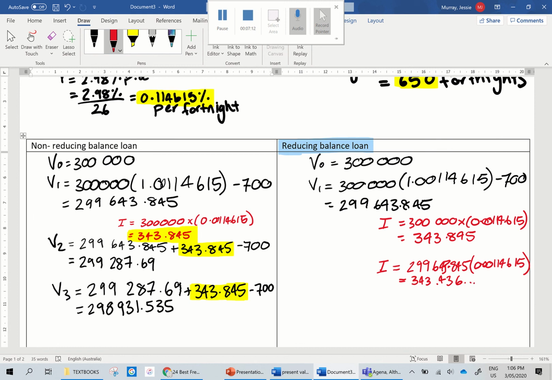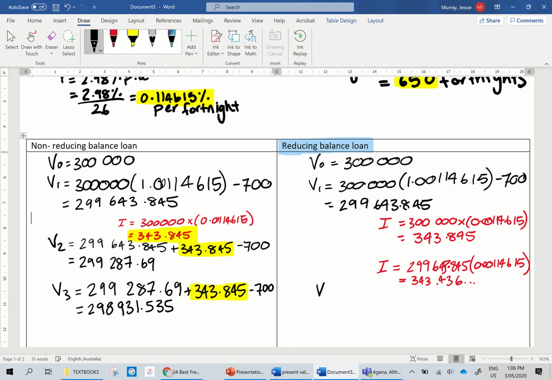So then I could say, all right, so that means after the second fortnight, I owe $299,643.845 plus my interest that's being charged, that's approximately 40 cents less, but then take off my repayment and see what I get.